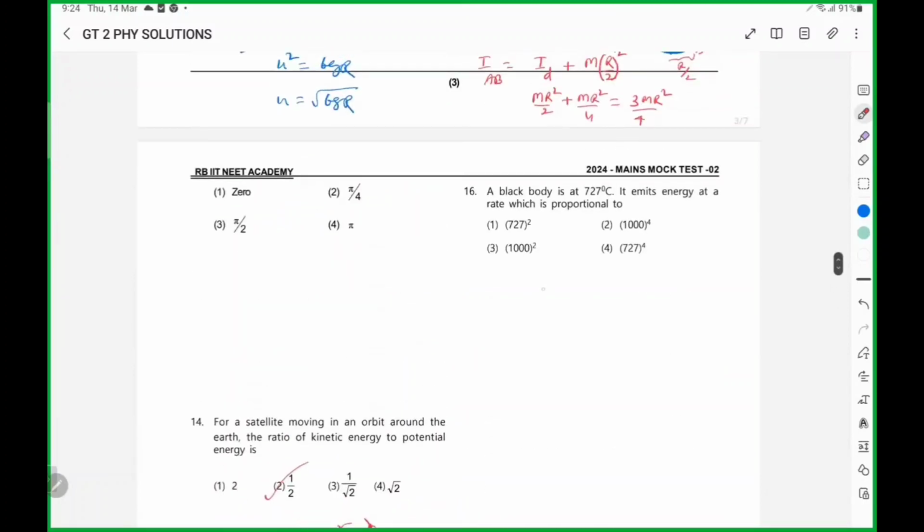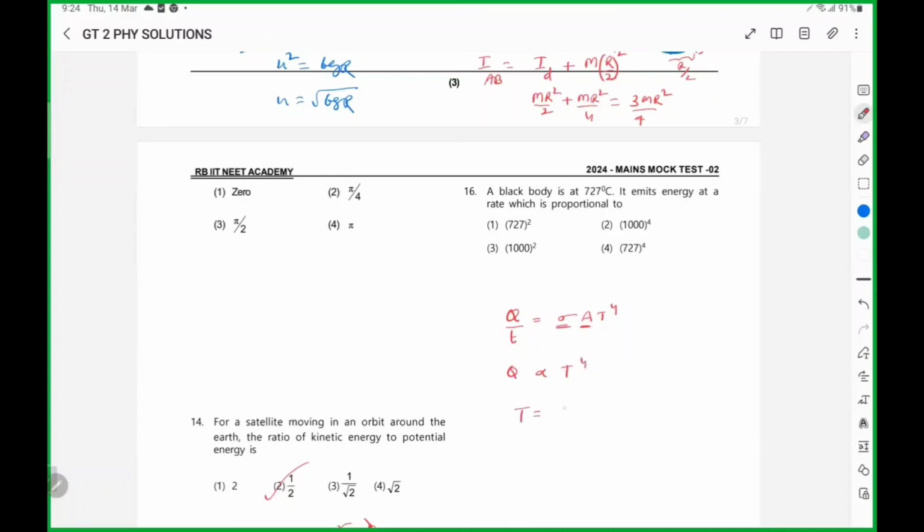A black body is at 727 degrees. It emits energy. The amount of energy radiated per second is given by Stefan-Boltzmann law, where sigma is Stefan's constant. So here Q is proportional to T power 4.